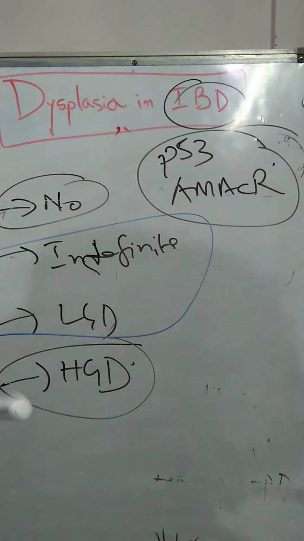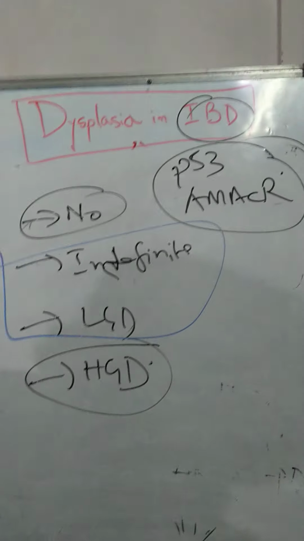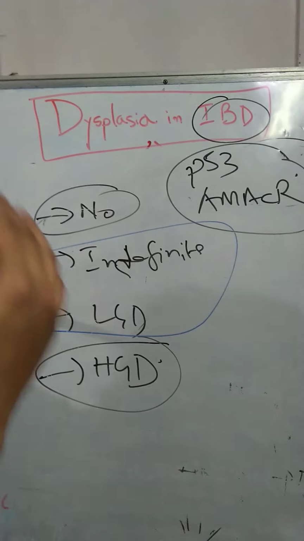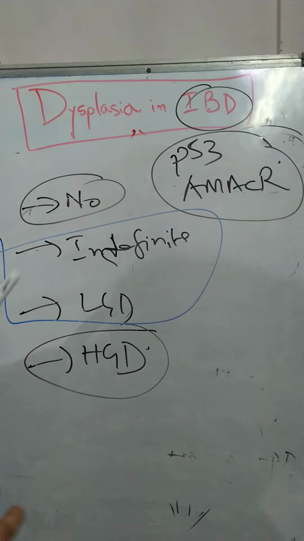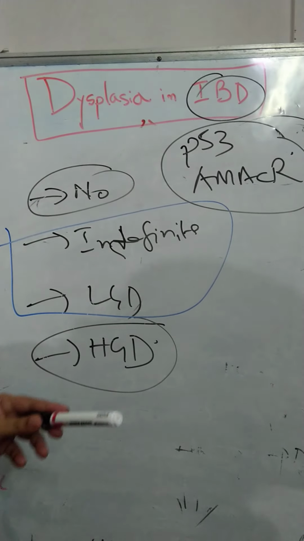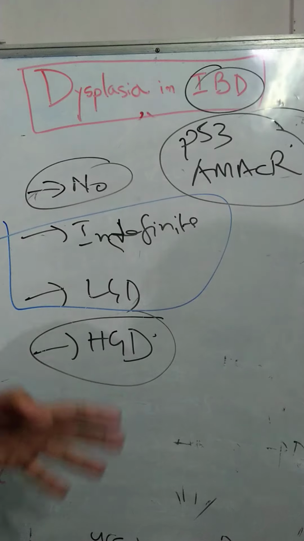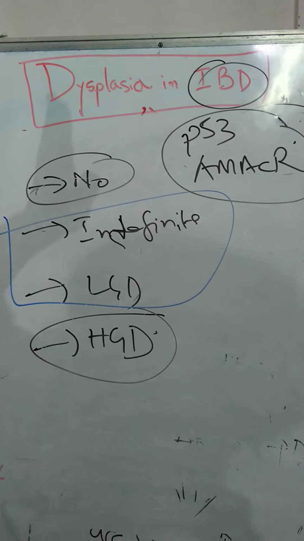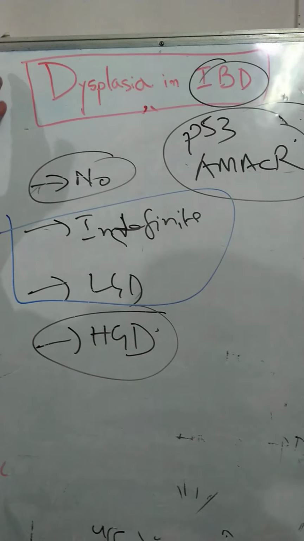They have not been picked up on endoscopies, but they have been picked up on histology. So although the incidence in India is probably lower, that doesn't mean that it's not there. So one cannot let their guard down. Always keep your eye open for dysplasia when you're reporting a biopsy of IBD.